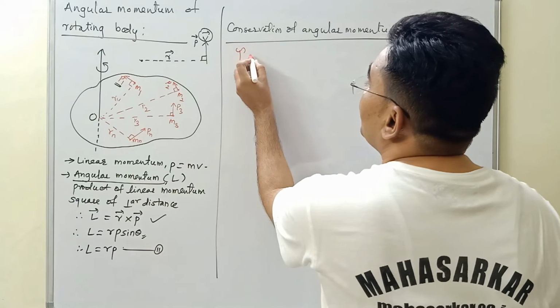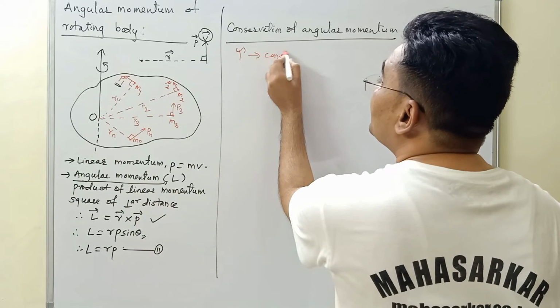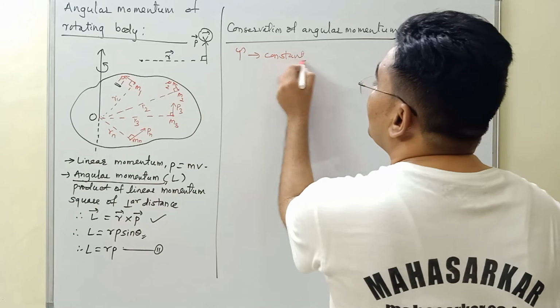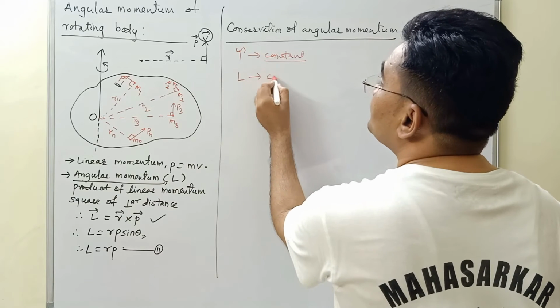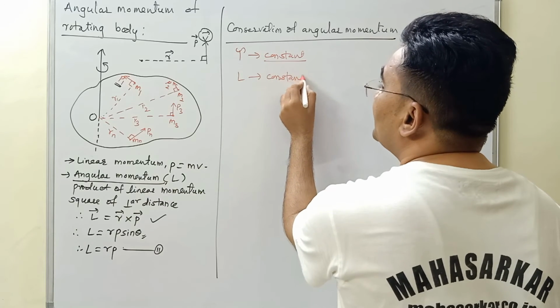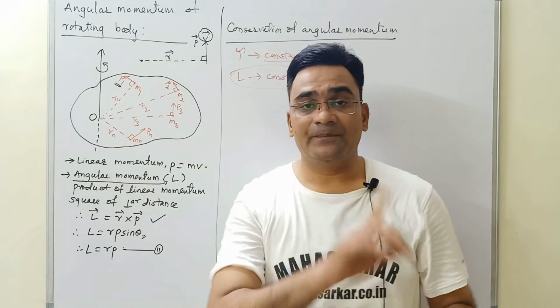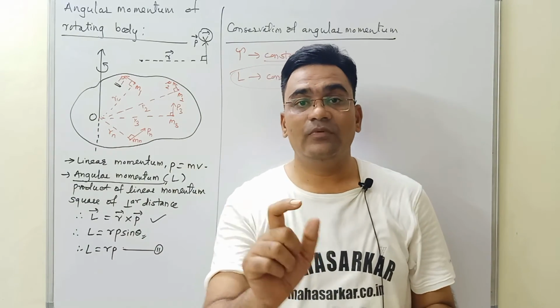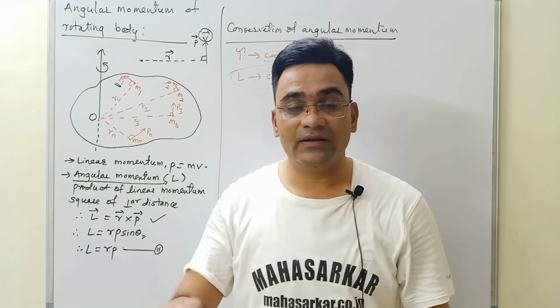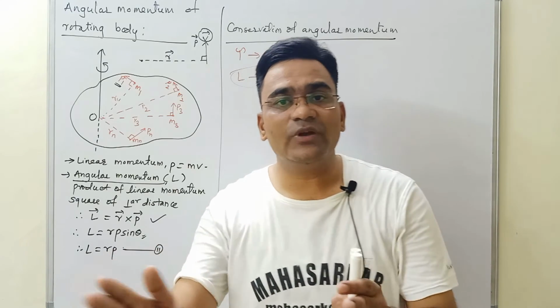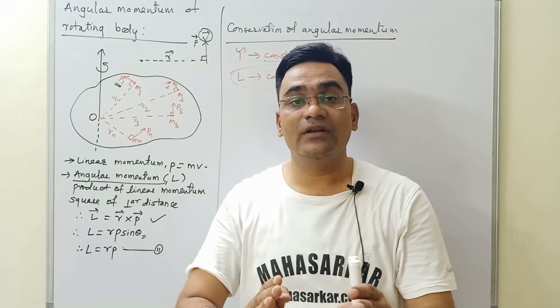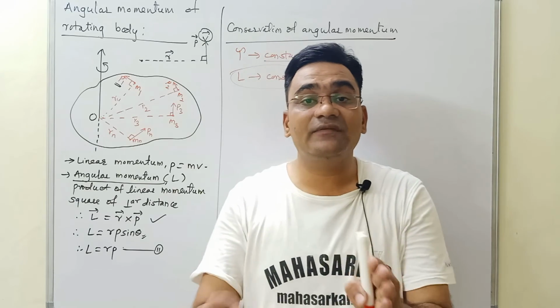If torque is constant, L also becomes what? Constant. In very simple words, suppose any turntable is rotating with the same torque which is given to it. It may be increasing its velocity, it may be decreasing its velocity. In that case, it has to adjust the moment of inertia.